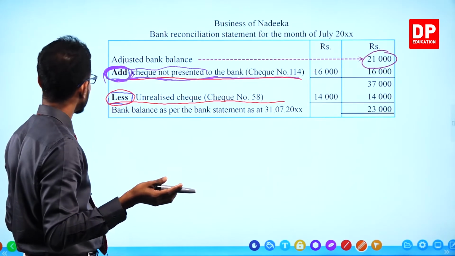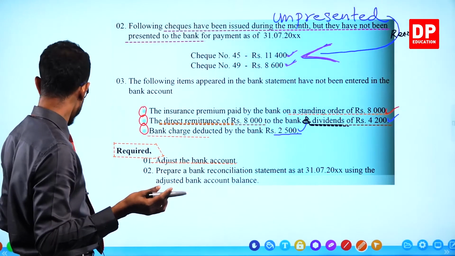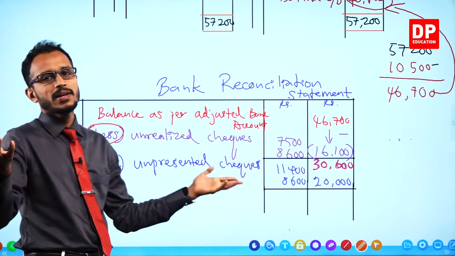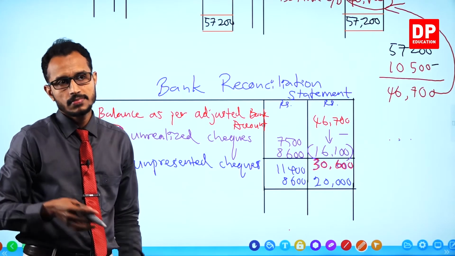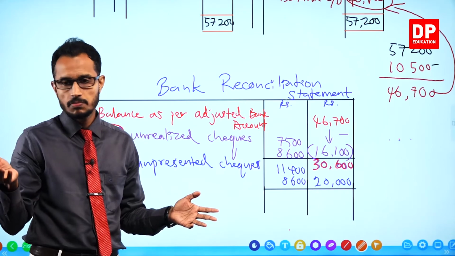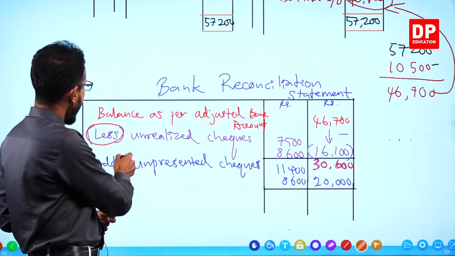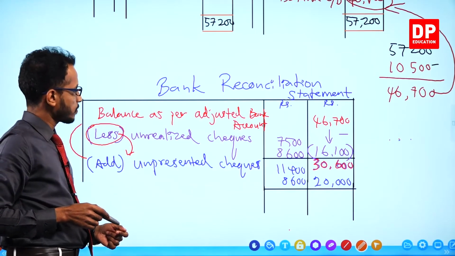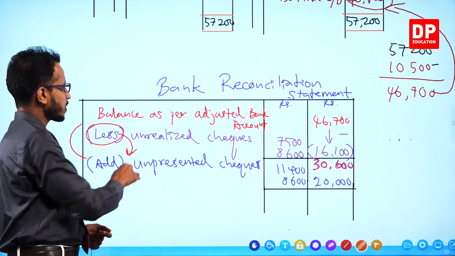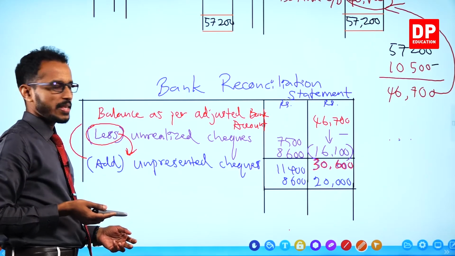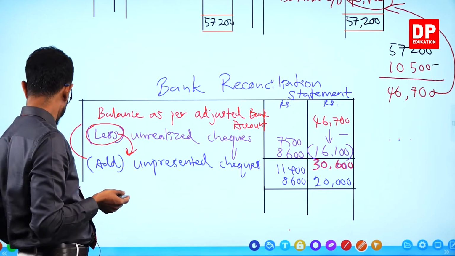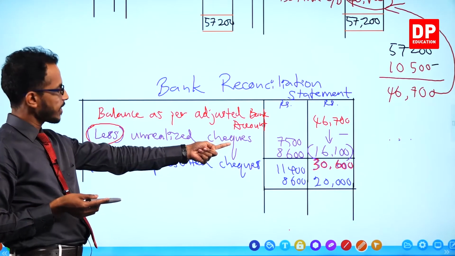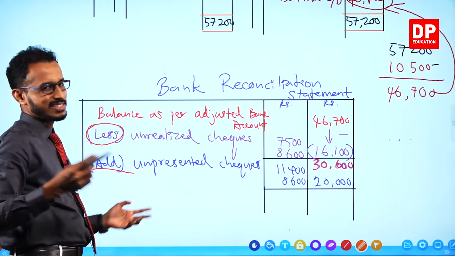But in your answer, you are subtracting first. It doesn't matter. It's not a problem. You can add first and then subtract the unrealized. It's the same thing. Even if you subtract first and then add the unpresented, it is the same thing.